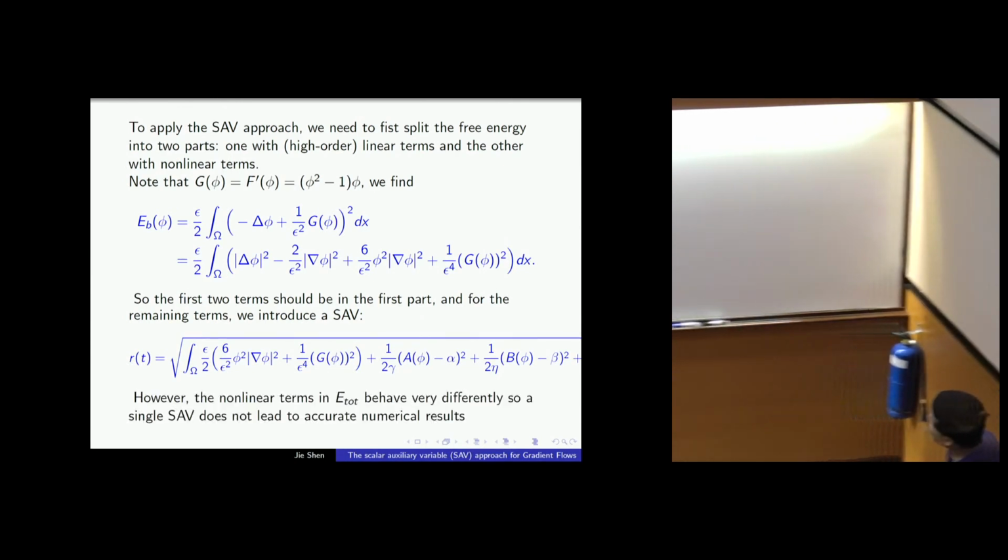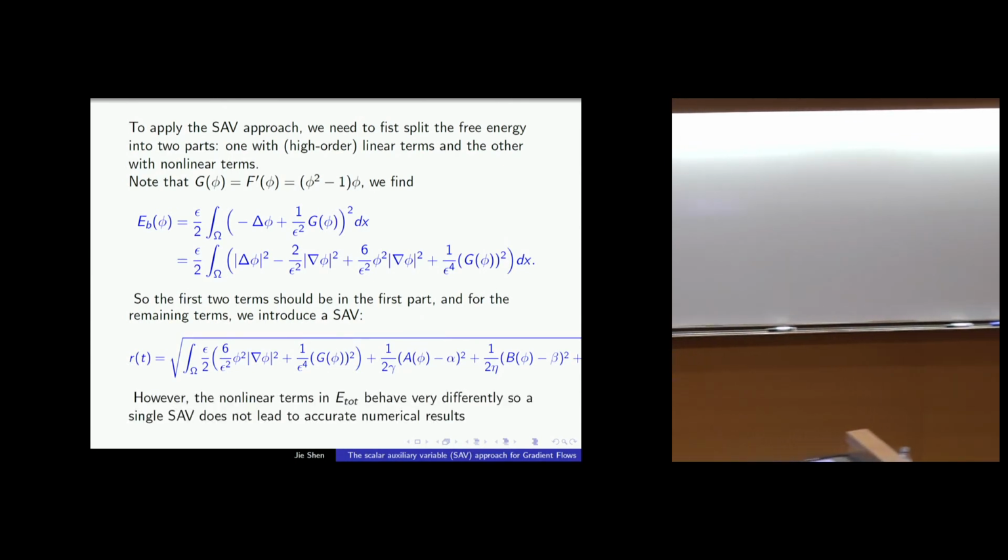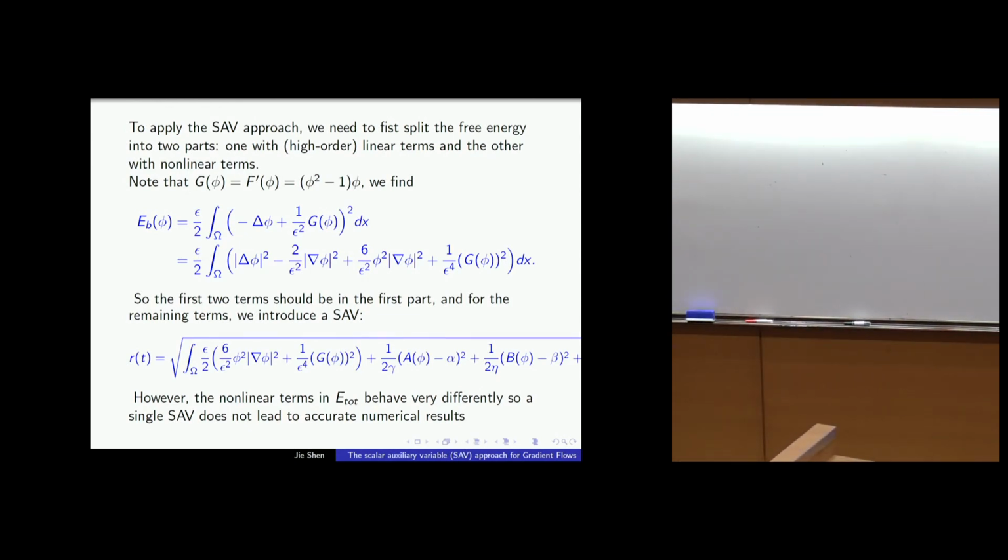Unfortunately for this problem, this SAV approach works, but it does not work as well as expected. The problem is you have this gamma and the eta, which can be very small, and so those terms behave very differently.